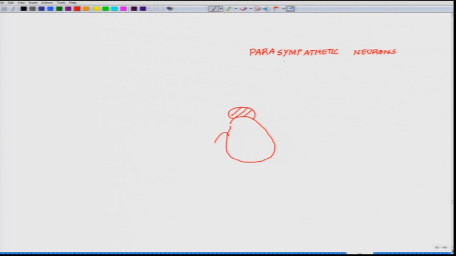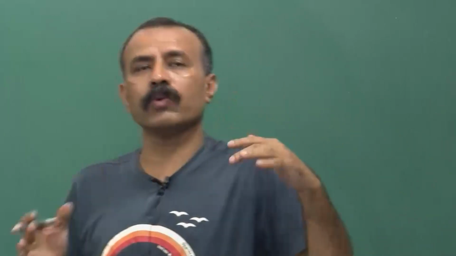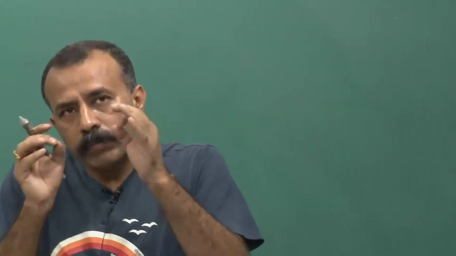There is a connectivity between parasympathetic neurons and the adrenal gland. Now, how could I study it in a real animal? That will be a very cumbersome process. It will take forever, and you will not be able to understand all the basic mechanisms.